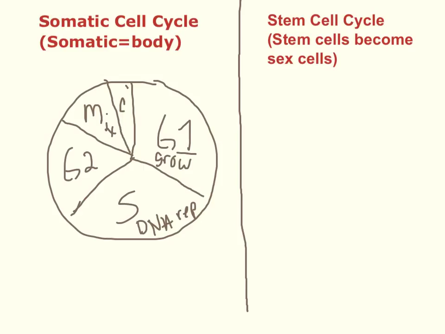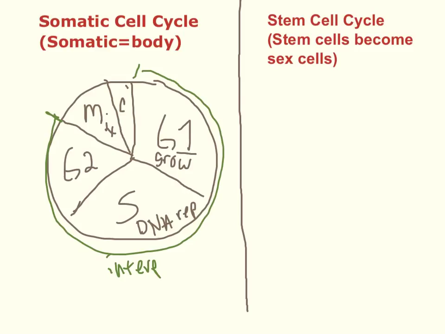And so, let me change colors here, everything from here to here is interphase. So most of the life of a cell, like your skin cells and stuff, are in interphase, and then for a short time they're dividing.